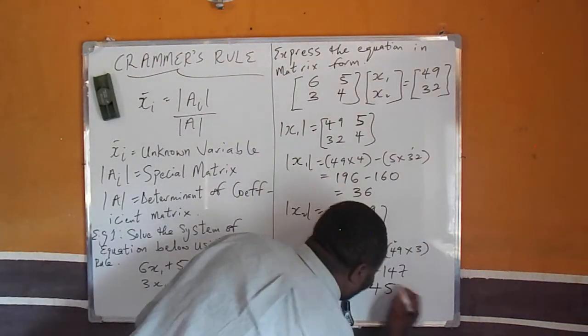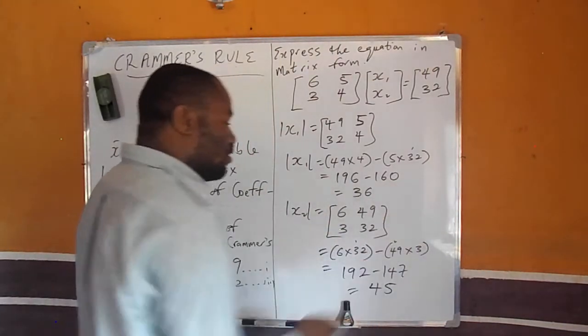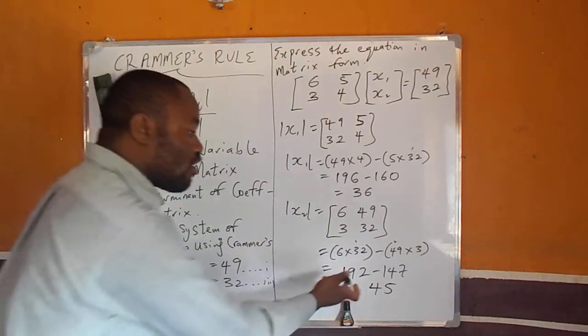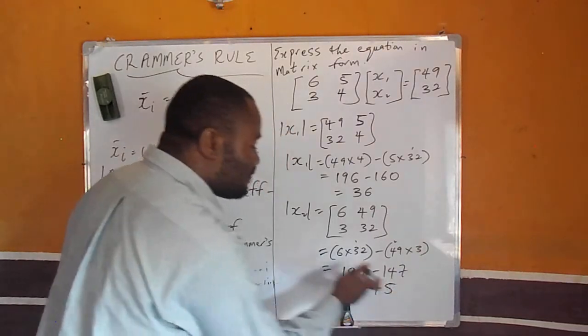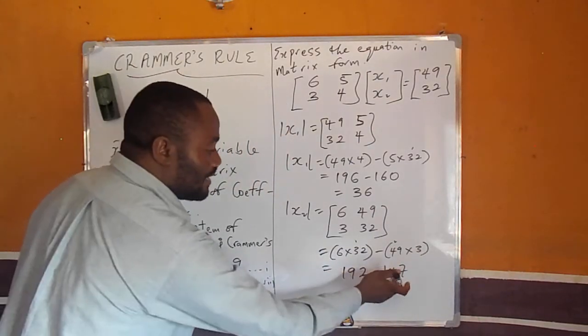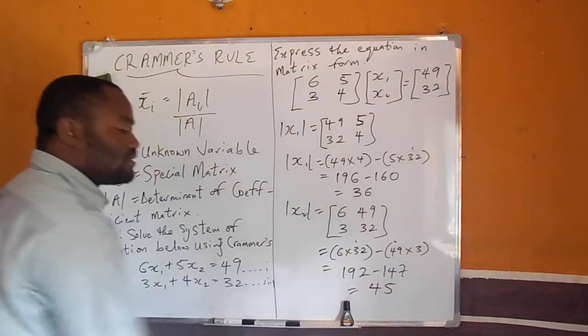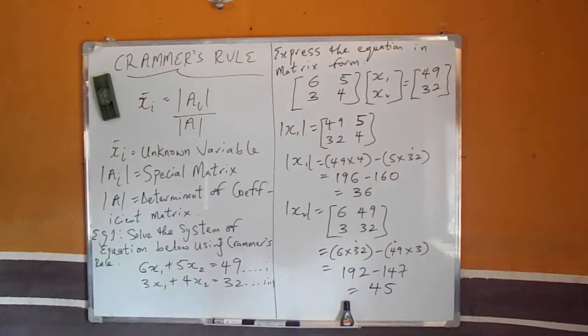Two minus 7 requires borrowing 1 from 9, making 8. 12 minus 7 is 5. 8 minus 4 is 4. Then 1 minus 1 is 0. So we now have 45.